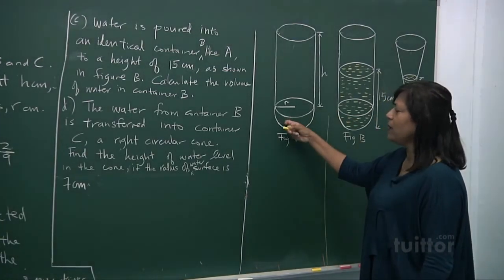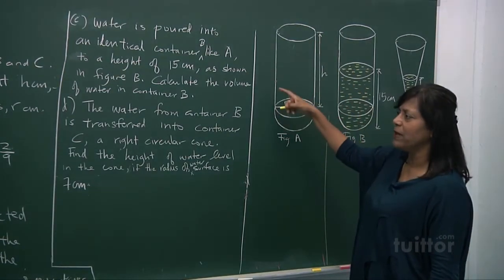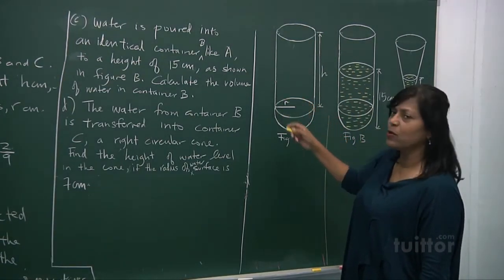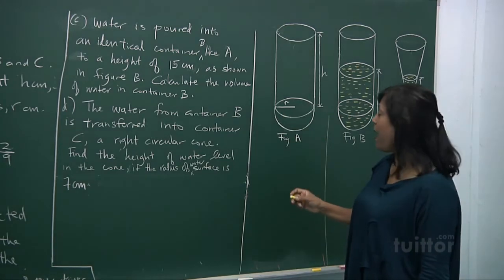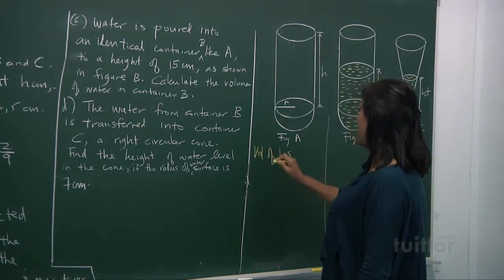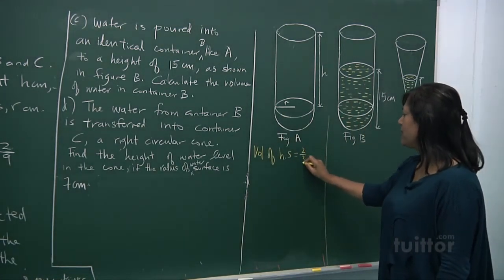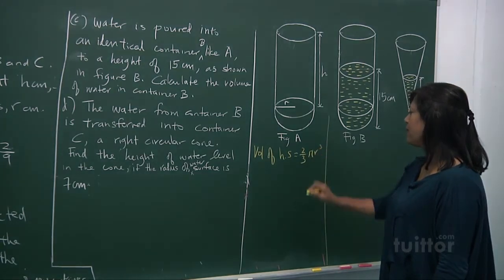Now this bowl is 2/9 of the total volume. And what's the total volume? The total volume is 81 pi. So the volume of the hemisphere, let me write that in short form, is 2/3 of pi r cubed.